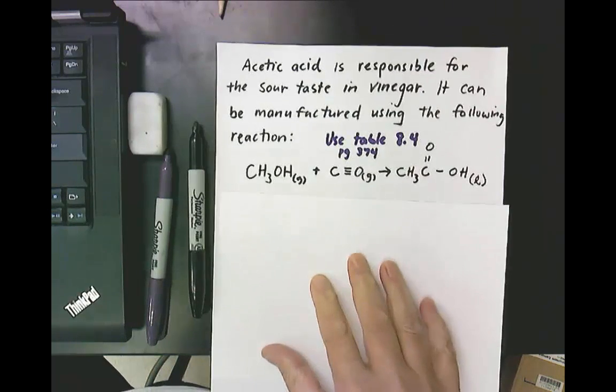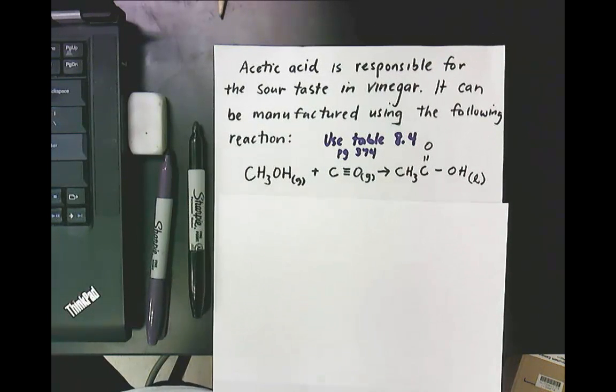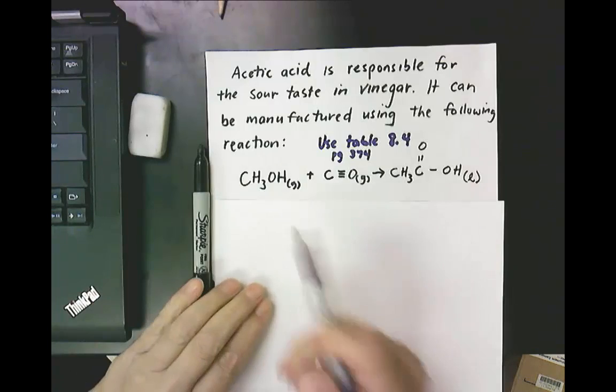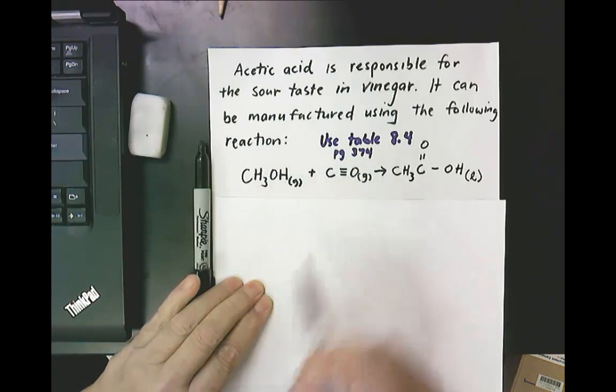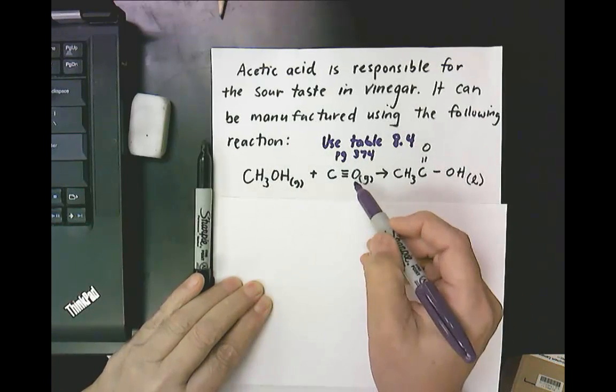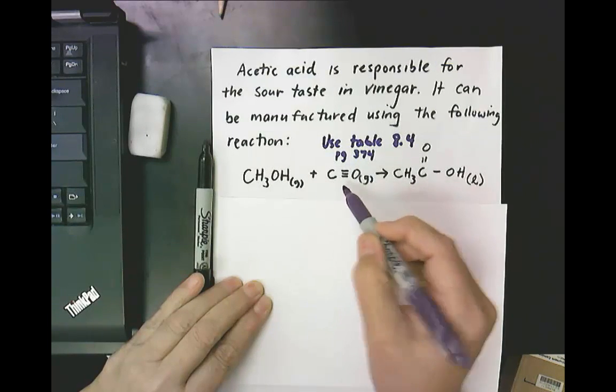It reads, acetic acid is responsible for the sour taste in vinegar. It can be manufactured using the following reaction. Okay, and then they give us the reaction here. Right, so here's some alcohol, if you remember your functional groups from CP. And then we've got this compound here.